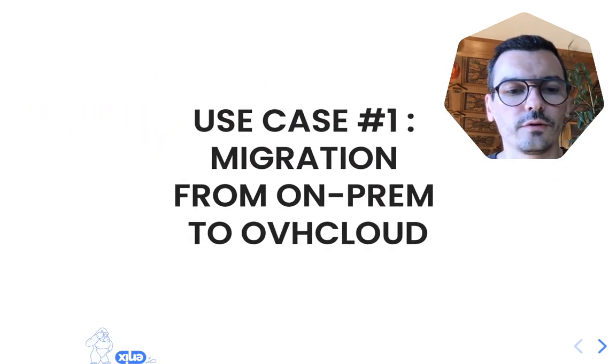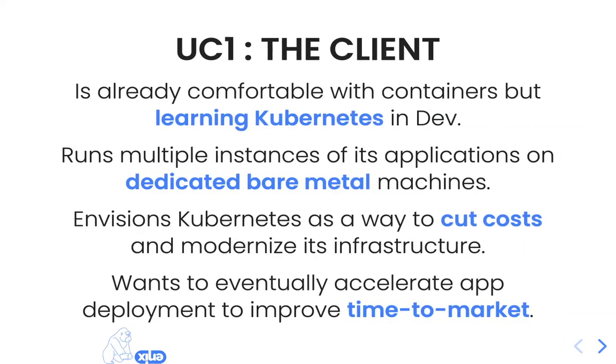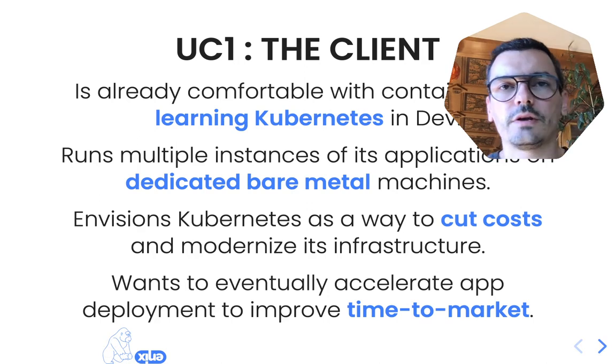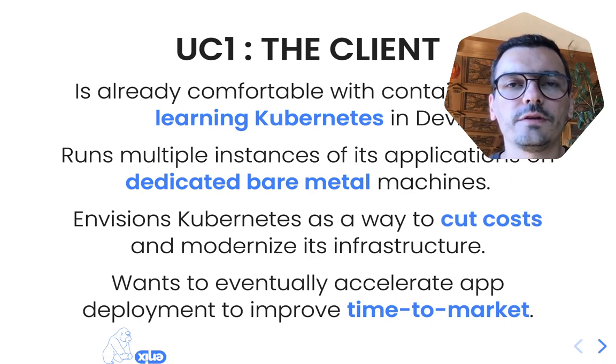So let's talk about the customer in this first use case. The client was quite comfortable with containers, but was only discovering Kubernetes in development. They realized they were not experienced enough to deal with production. They were launching multiple instances of their application on-premises, on dedicated bare metal machines.